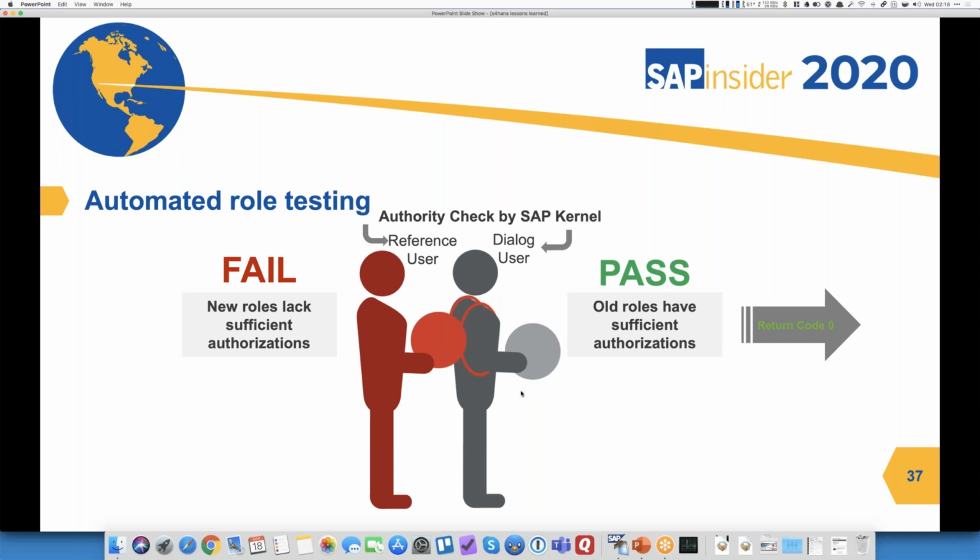So whenever the SAP kernel fails, or the authority check fails here, but then succeeds here, all of which is completely transparent to the tester or dialog user, then we get a return code 0. So 0 means something is missing here that the user was ultimately able to do because of the SAP_APP role. And that's the delta we can report on.